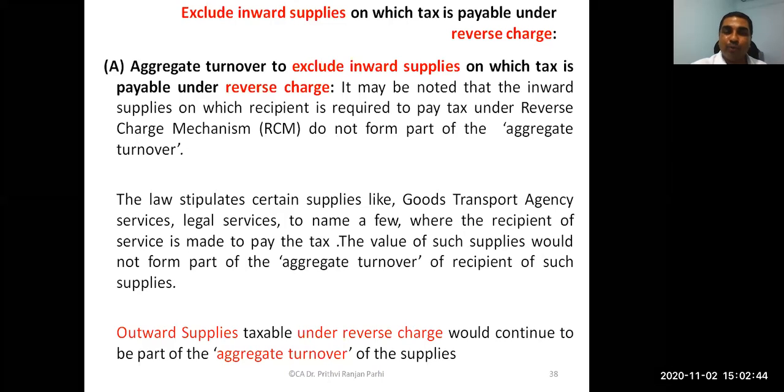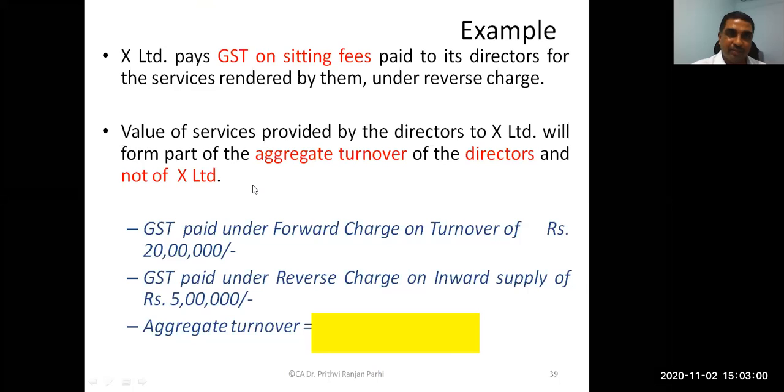But outward supplies which are liable for reverse charge mechanism will be included in the aggregate turnover. Is this concept clear to you? Let me give you an example to understand this. First you see this example.